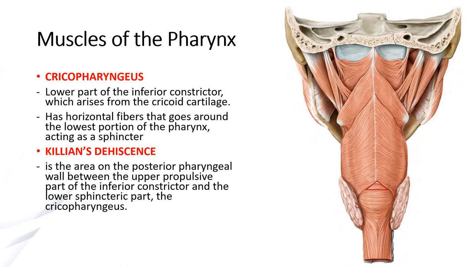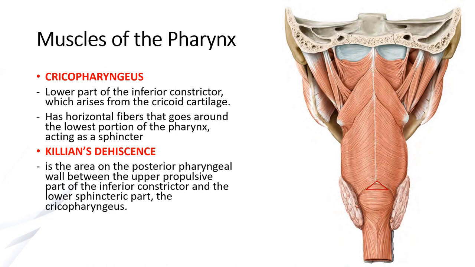The cricopharyngeus is this muscle right here. It is located in the lower part of the inferior constrictor, which arises from the cricoid cartilage, and it has horizontal fibers that go around the lowest portion of the pharynx. We also have this thing called Killian's dehiscence or Killian's triangle. It is the area on the posterior pharyngeal wall between the upper propulsive part of the inferior constrictor and the lower sphincter part of the cricopharyngeus.